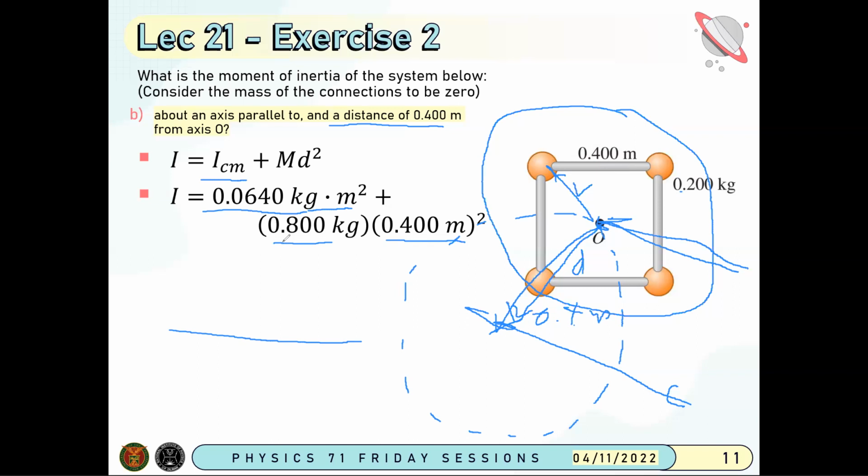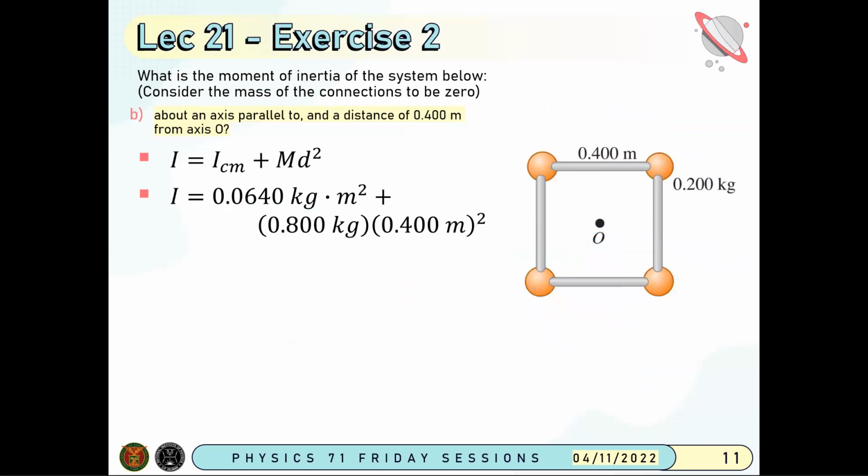So this is the total mass of your whole system that is displaced or offset by this distance d from the rotational axis. And we already know the moment of inertia from the center of mass. So we just apply it to our calculator, plug and play, and you will get 0.192 kilogram per meter square.